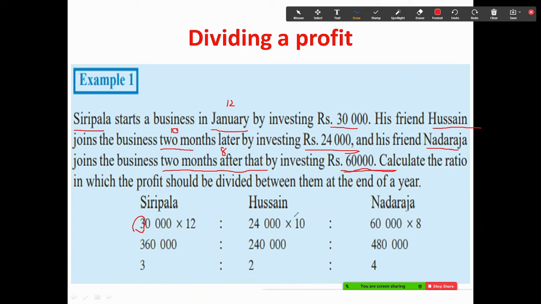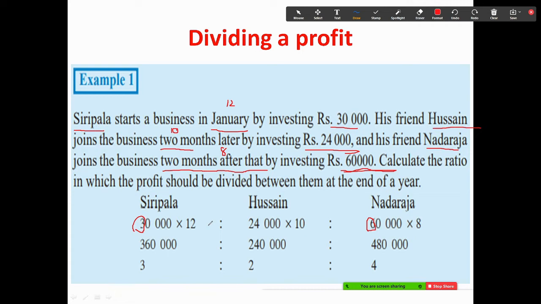After writing zeros, here only 1 remains. Here 24 remains. 24 into 1, 24. So 240,000. Here 1, 2, 3, 4 zeros. If you write 4 zeros, here only 6 remains. 6 into 8, 48. So 480,000.